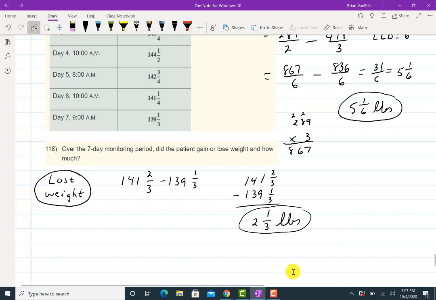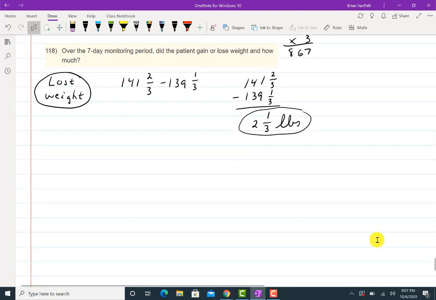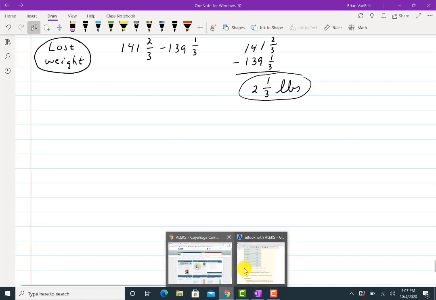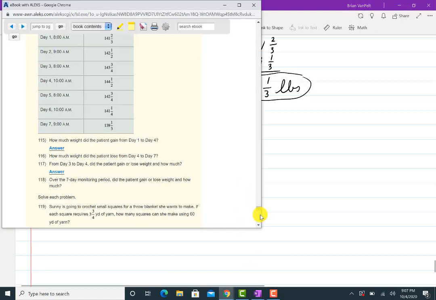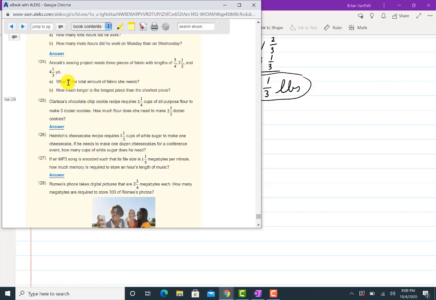I want to do another example, another word problem type of an example. And that is number 124. Actually, it may not be a word problem, it's just a different style of problem. Let's see. There we are.